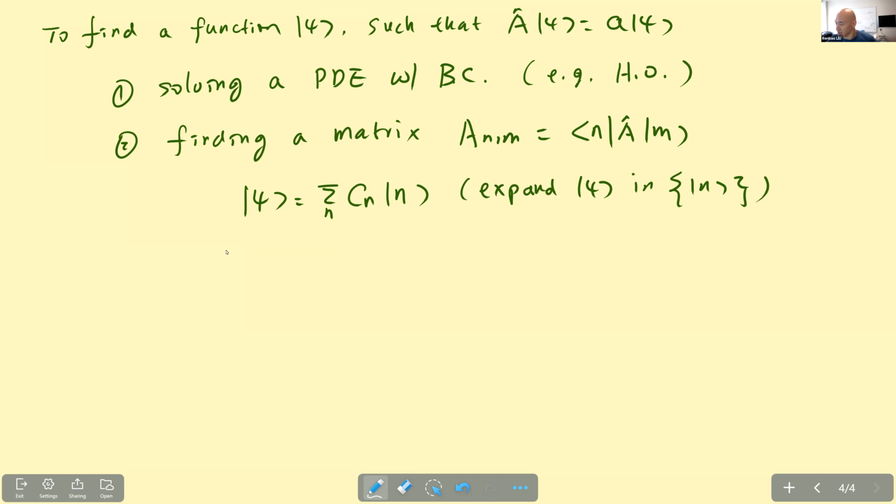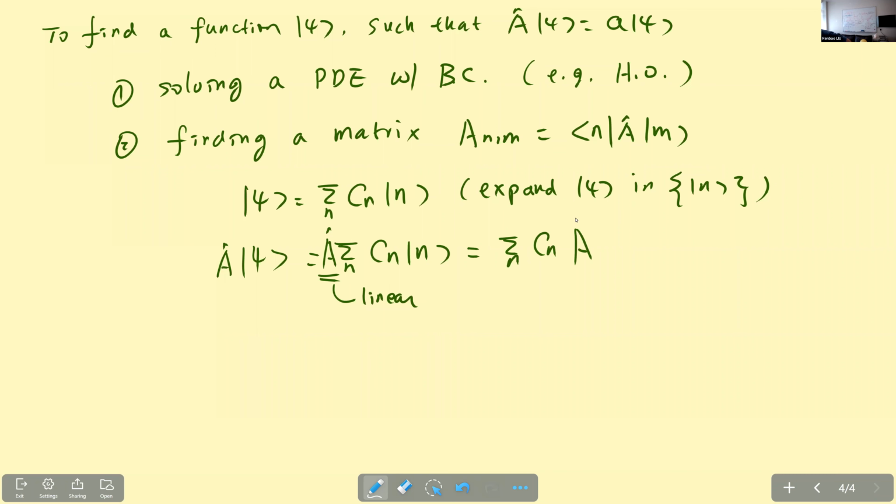And then you can see that A ψ can be written as summation of m, c_m, and put A right here, right? But remember, this is a linear operator. So that means this one will equal to summation of m, c_m, and A acting on this one. Right.